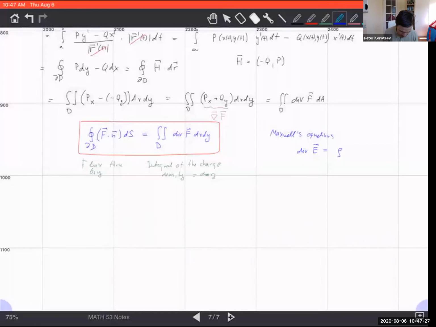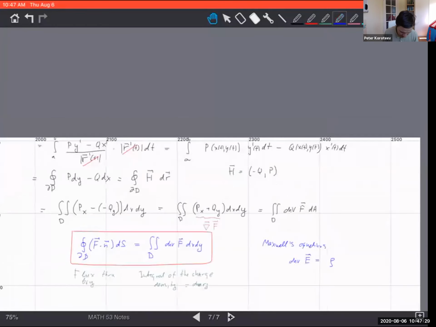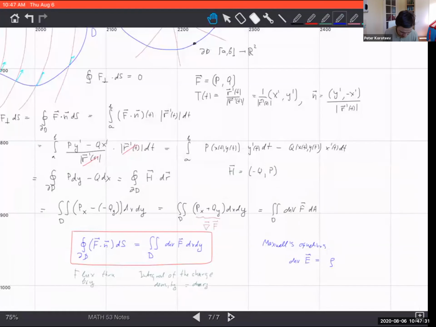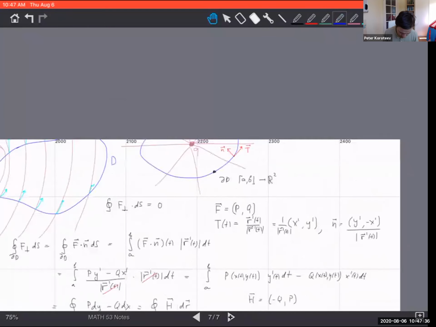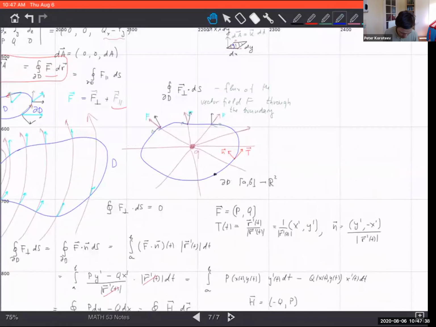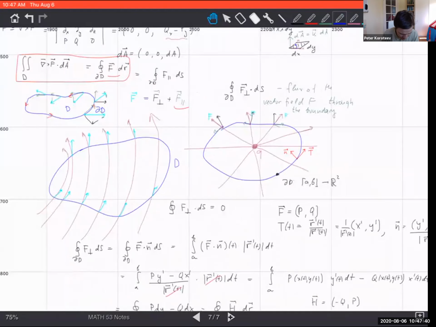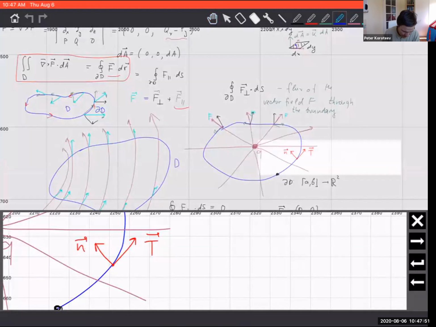And then the physics interpretation of the first equation here, this formula of Green's theorem in differential form, now we're talking about the magnetic field.